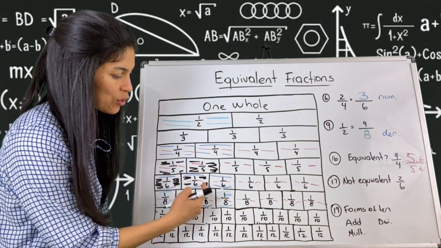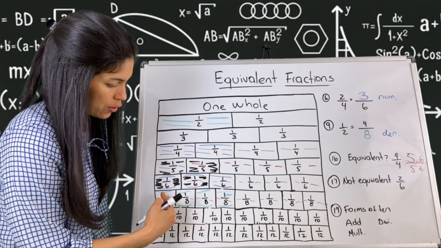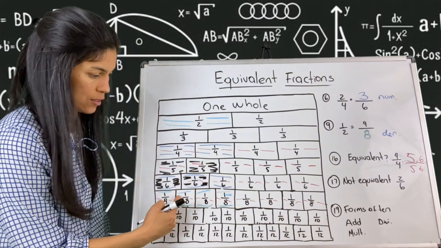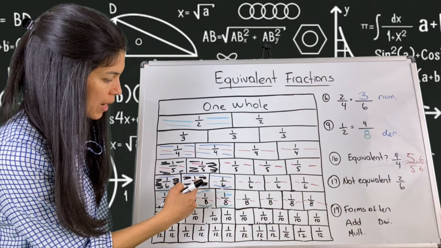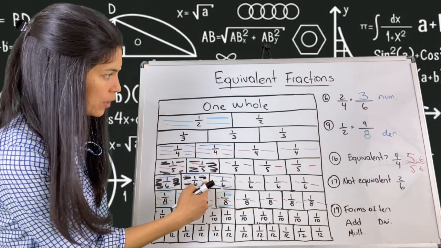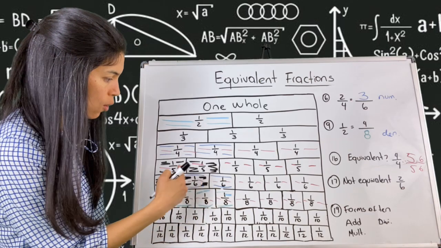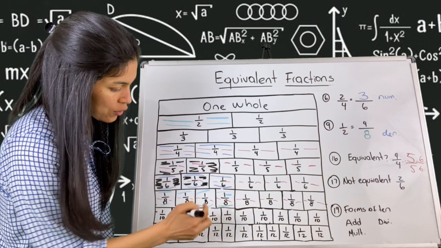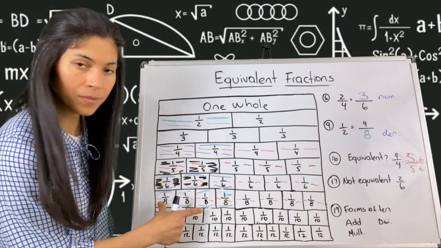So anyone that doesn't add up to the same amount, you could say 3/8 is not equivalent, or even 2/8 is not equivalent, right? Or you can say 2/4 is not equivalent, or 3/5 is not equivalent. Anyone that doesn't amount to the same will be not equivalent.